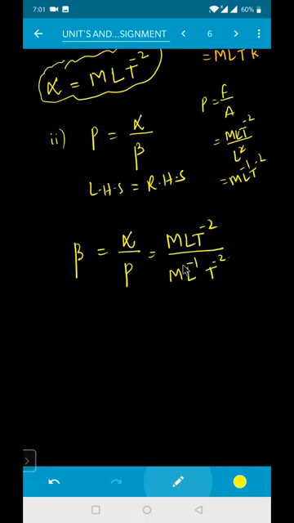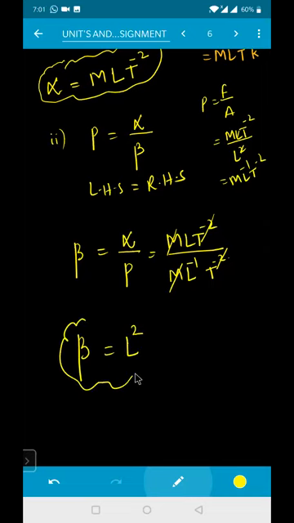This M gets cancelled. T power minus 2 gets cancelled. This L power minus 1 will go up with a minus sign, so that will become L square. So the dimension of beta will be equal to L square.